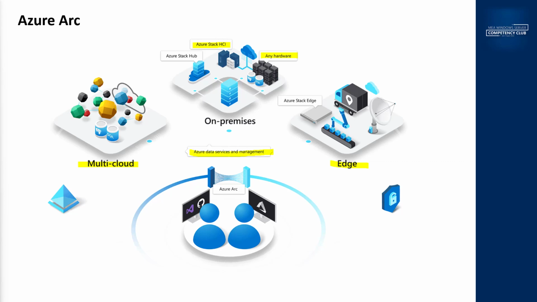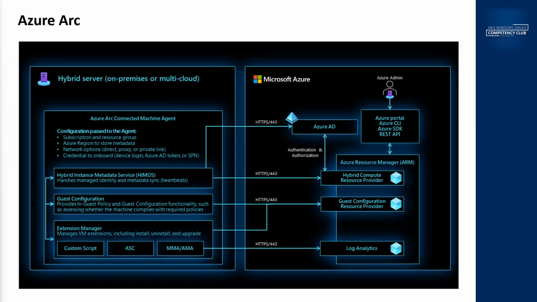So let's have a look at the architecture of Azure Arc, because we have first the Azure Admin. I will be the Azure Admin in the next live demo, and I will use the Azure portal or the Windows Admin Center to deploy the Azure Arc Connected Machine Agent to my servers in my environment.